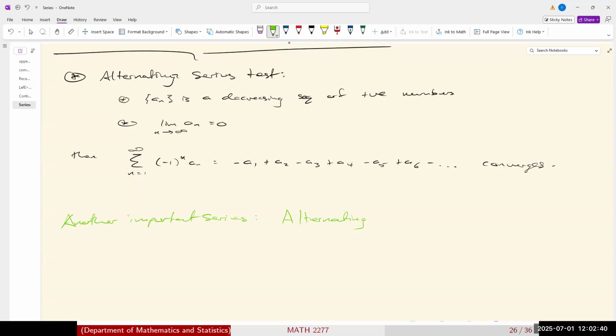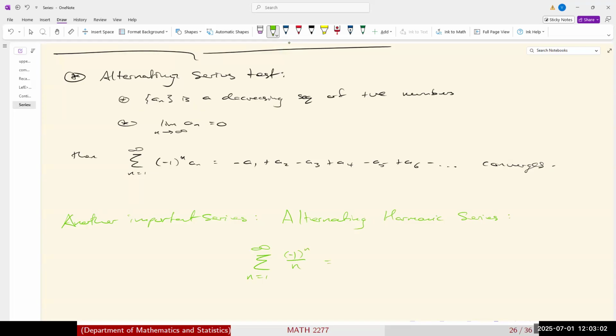It's the summation, n goes from 1 to infinity, and instead of 1 over n, which would be the divergent harmonic series, you use (-1)^n over n.